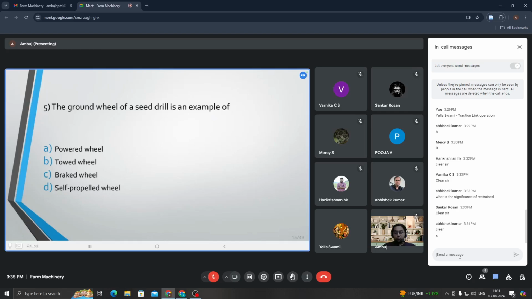Okay, towed wheel. Two people are saying towed wheel. Good.